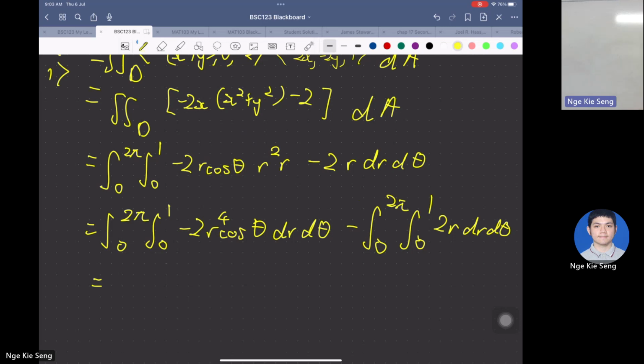So from dA to dr d theta, why we need to change is because from rectangular to polar, we change again. We have Jacobian. So there are a few Jacobians popping up here.